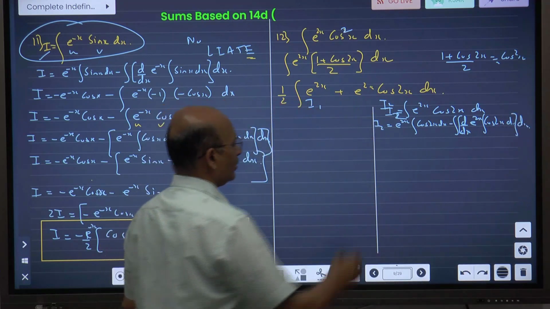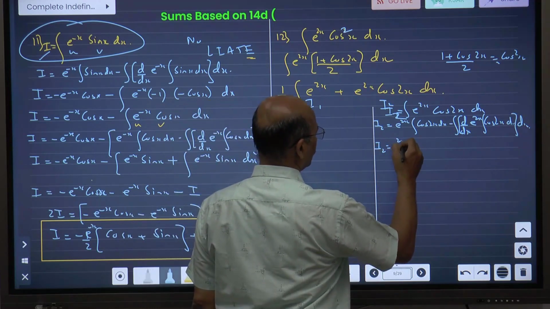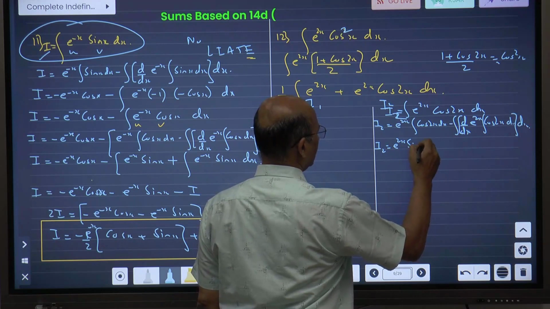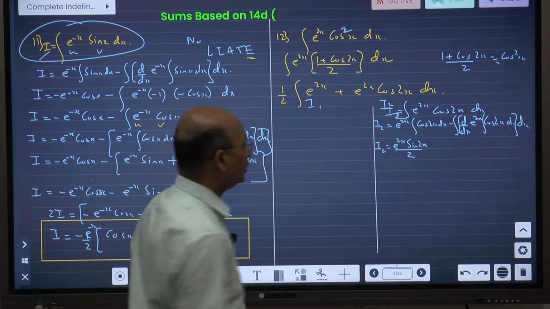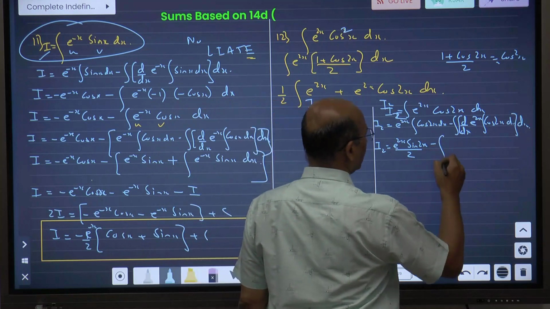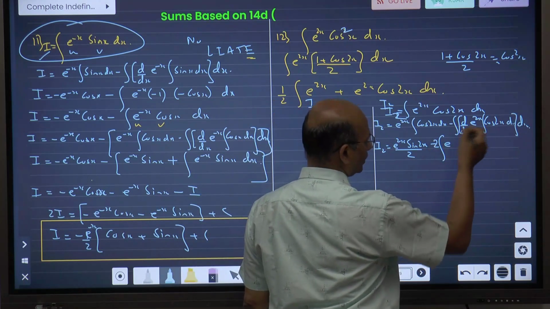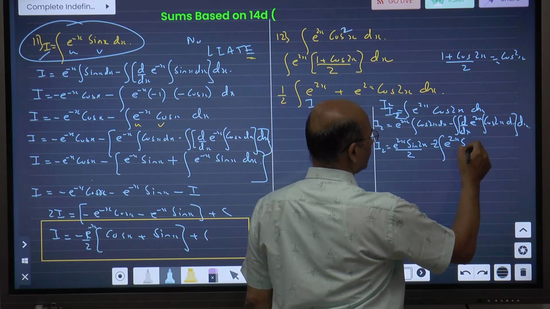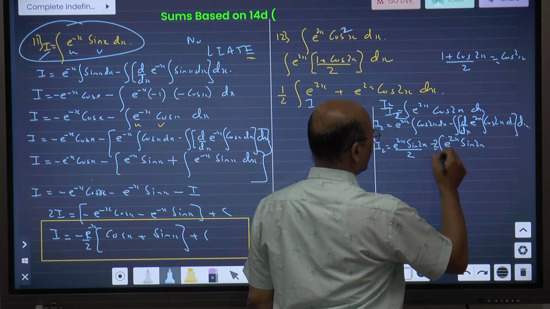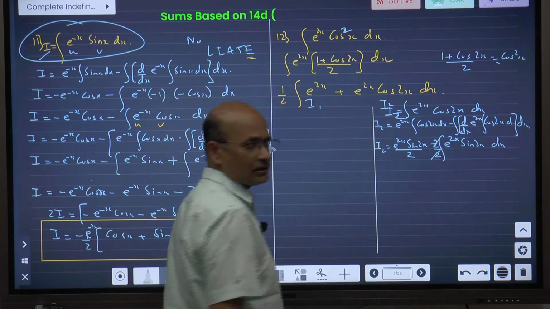So I2 is nothing but e raised to 2x sine 2x upon 2. Be careful about that, chain rule. Minus integral, the derivative of e raised to 2x is 2e raised to 2x, times integral of cos 2x, which is sine 2x upon 2, dx. So this 2 and this 2 will get cancelled.